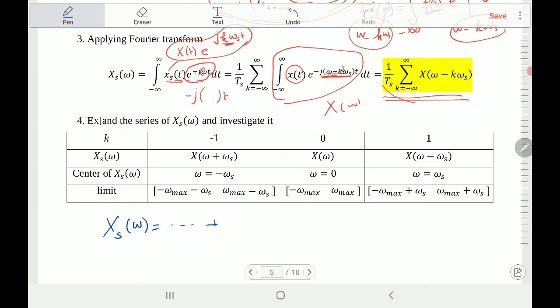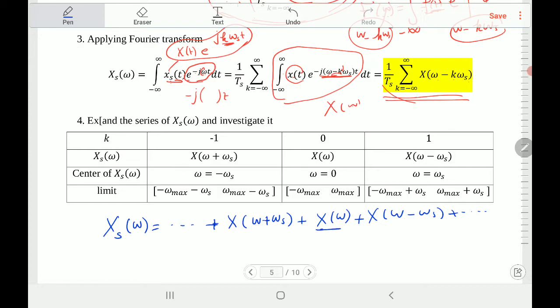Let me take the one when k equals minus 1: X of omega plus omega s, plus k equals 0: X of omega, plus k equals 1: X of omega minus omega s. And then you continue. I want to get just a few terms like that.